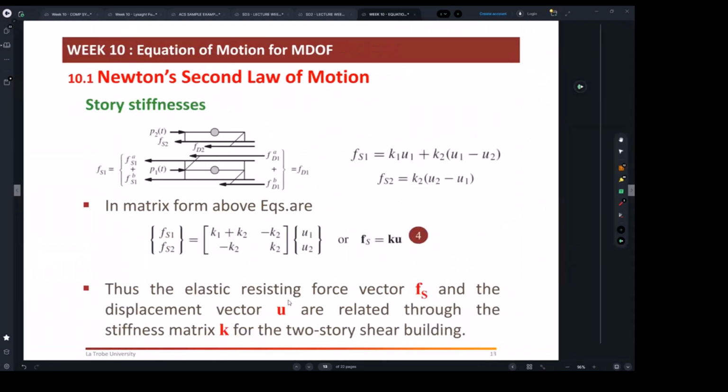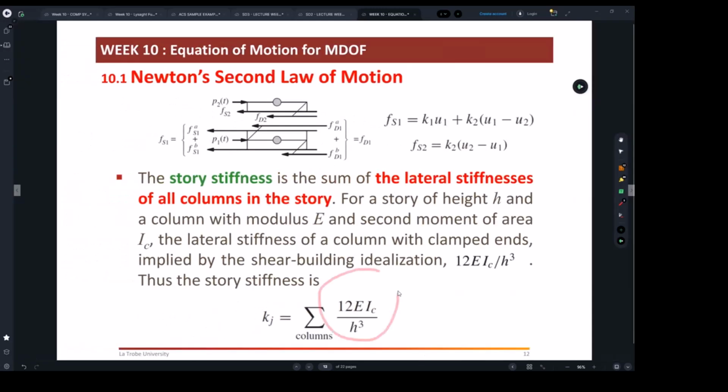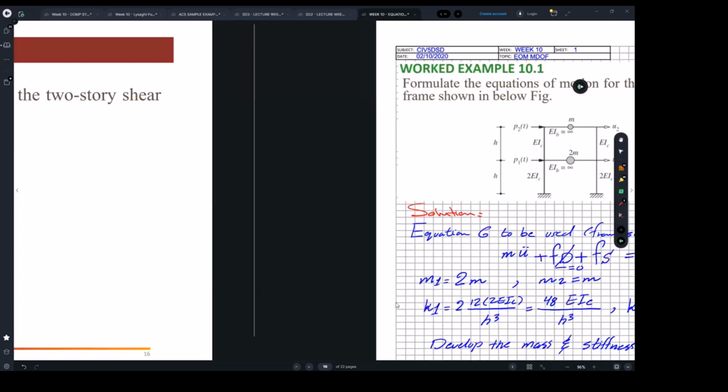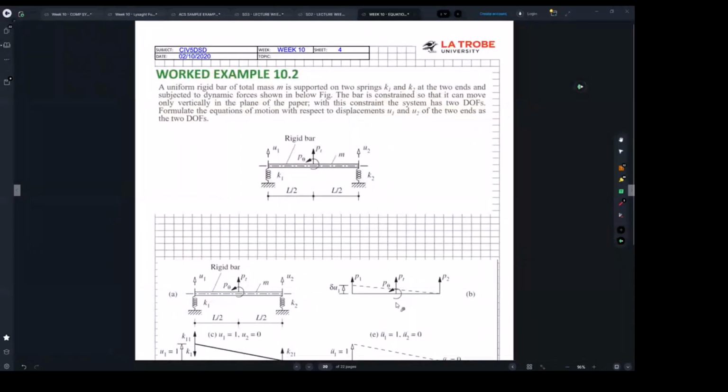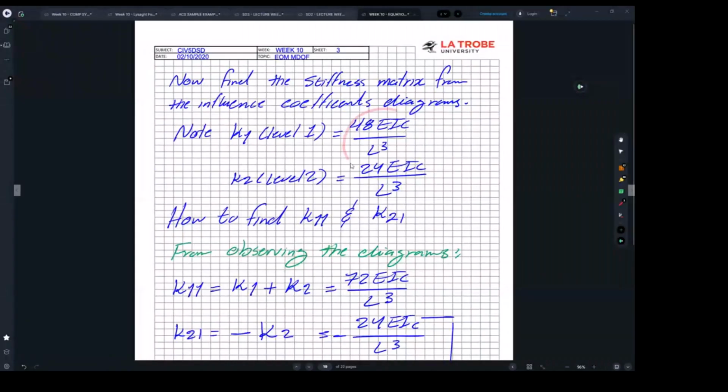It is basically this. So you're going to end up with 48 Young's modulus by inertia over the height cubed. And that's what we got here. That's for the first floor. For the second level, we're going to have half, because that's given to you in the question.